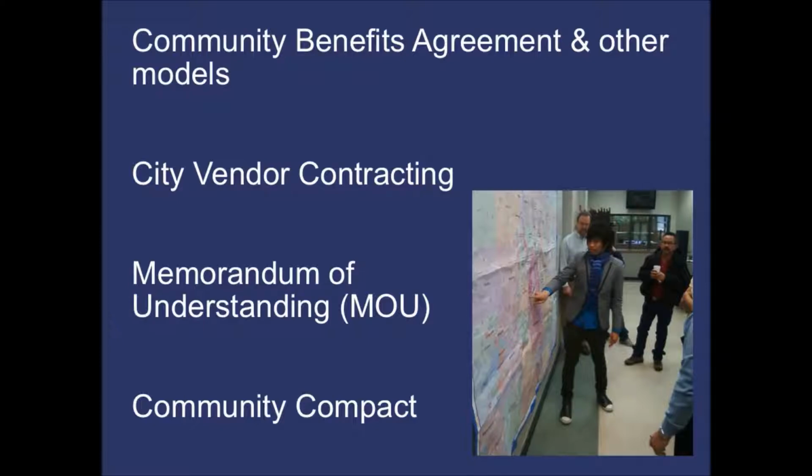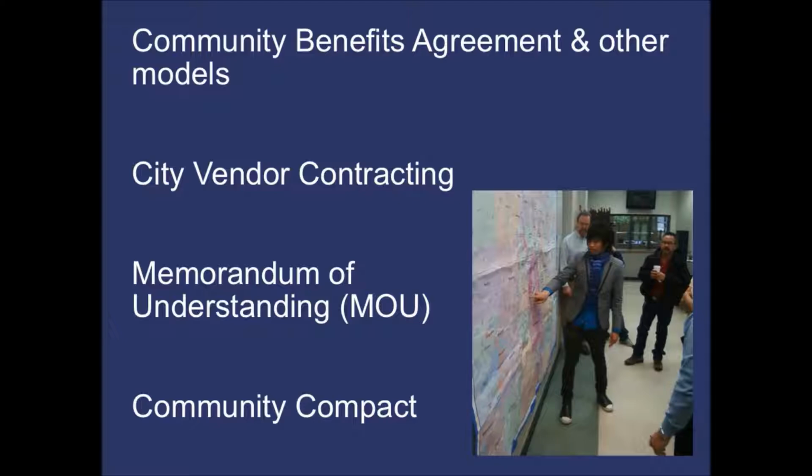Now, there are a couple of different models for gaining agreements and actually securing impacts that are positive, and getting different agencies and entities to take your demands seriously. So we've gone over the community benefits agreement. There are other ways to elevate these kinds of concerns, focusing in on city vendor contracting.